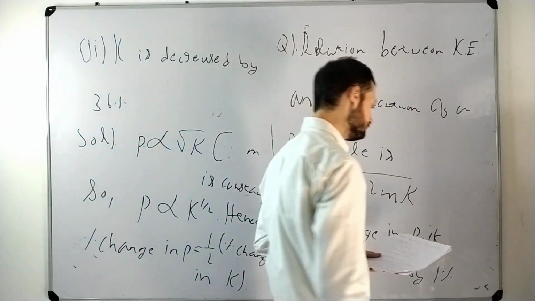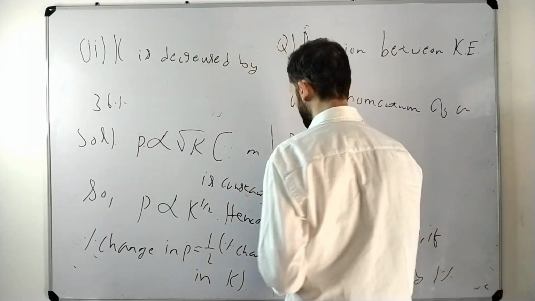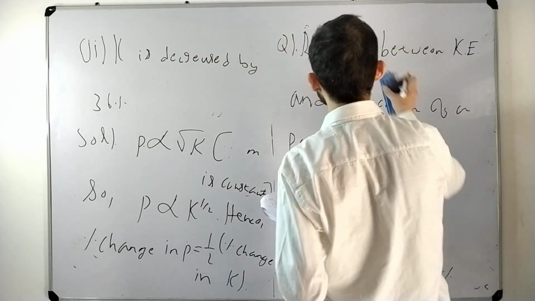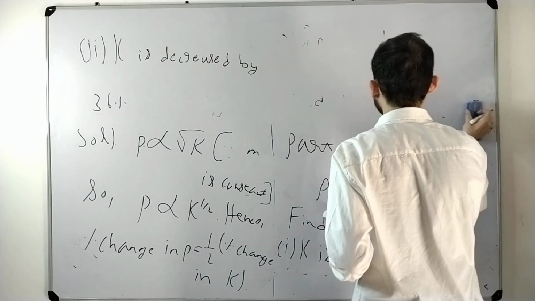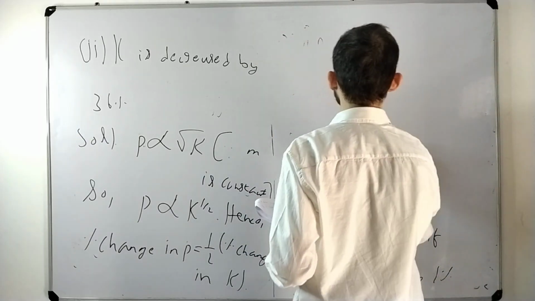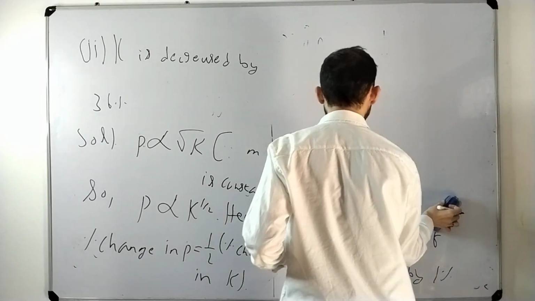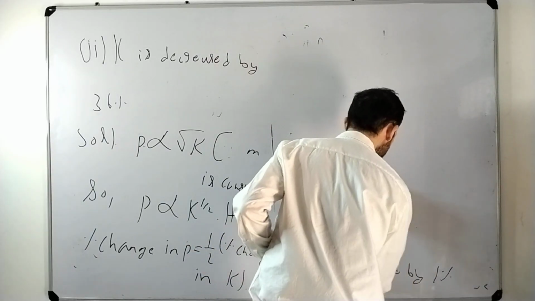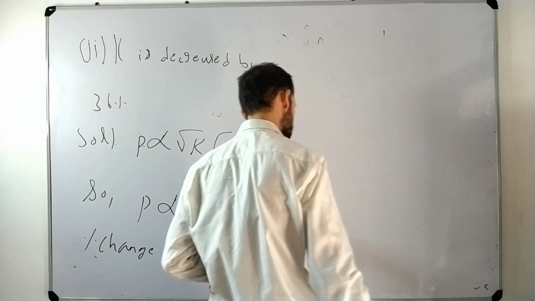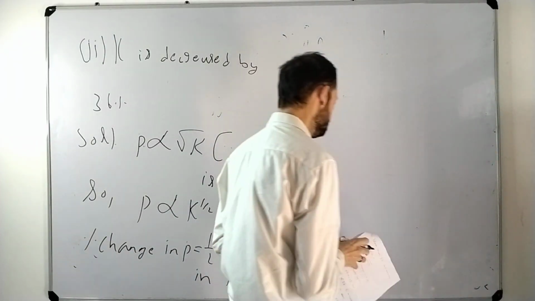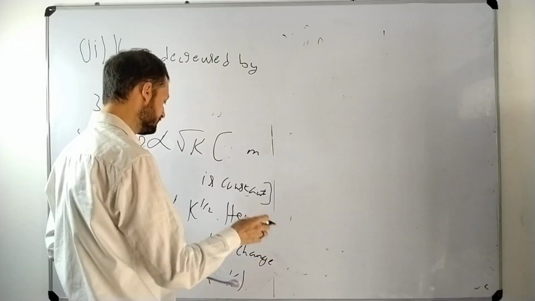Right, students? So how did you get half? Think of yourself now. How did I get half? I use the second property, students.